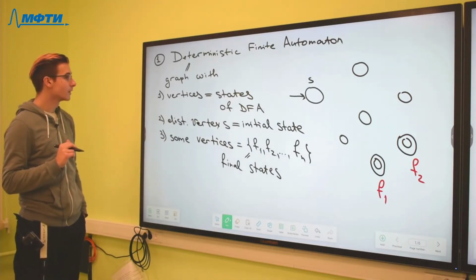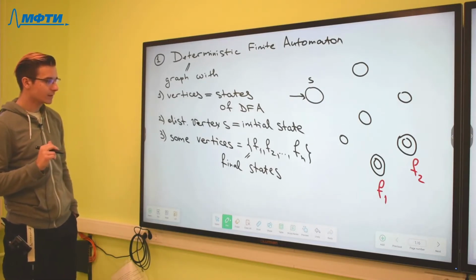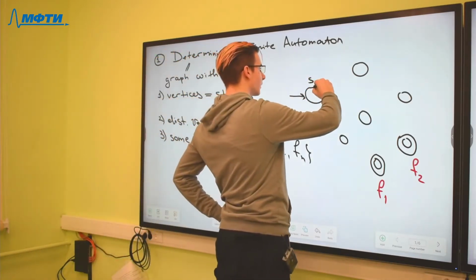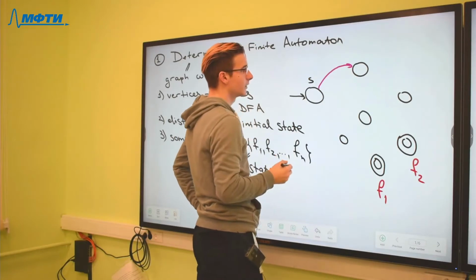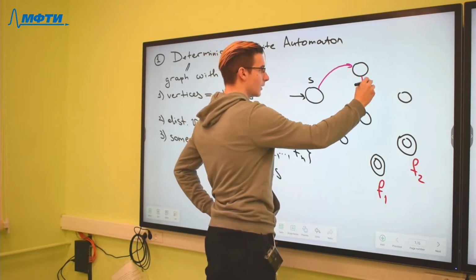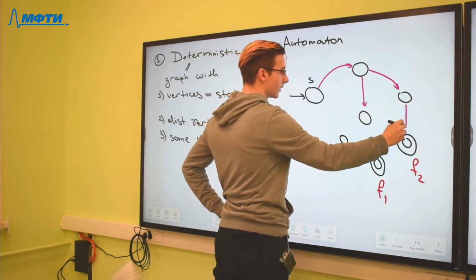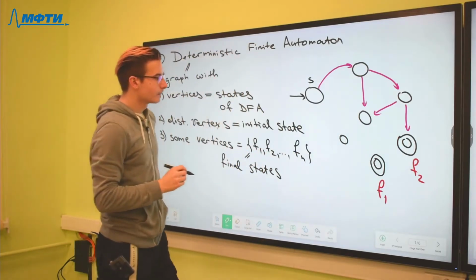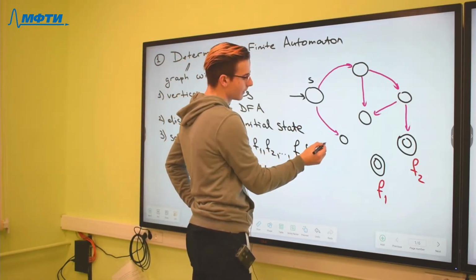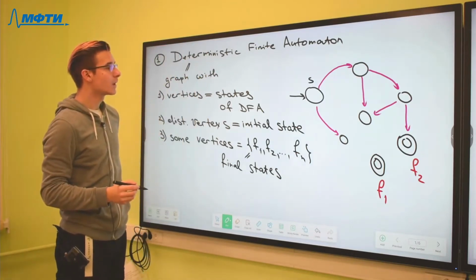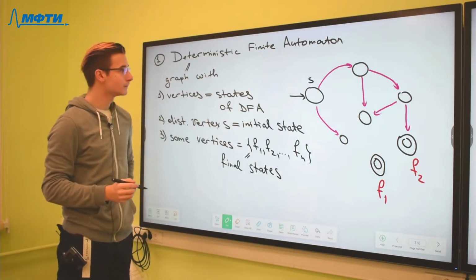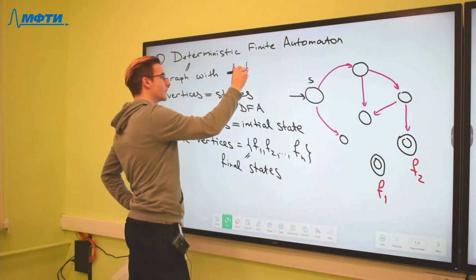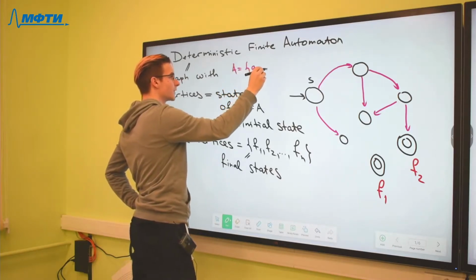So, what about edges? Firstly, it is a directed graph. So we write some edges as arrows, as usual for directed graphs. But each edge has a symbol from the alphabet. Yes, we know that the alphabet is a set of some symbols.